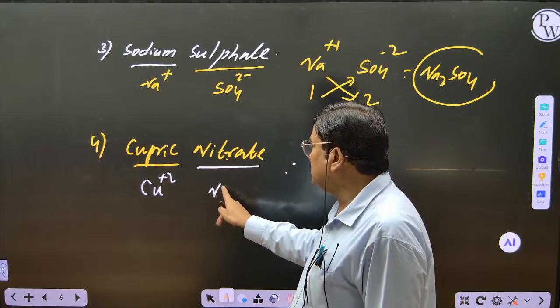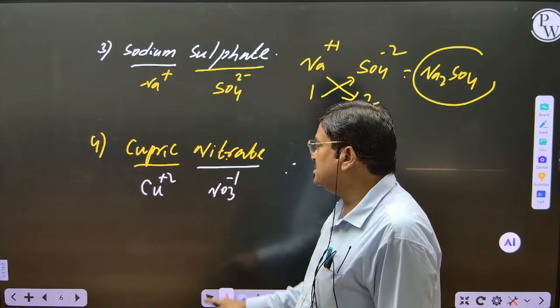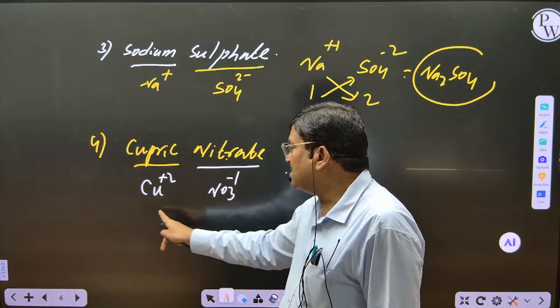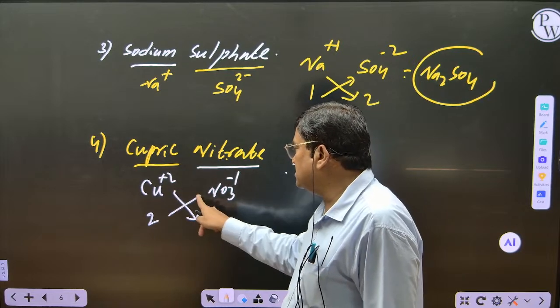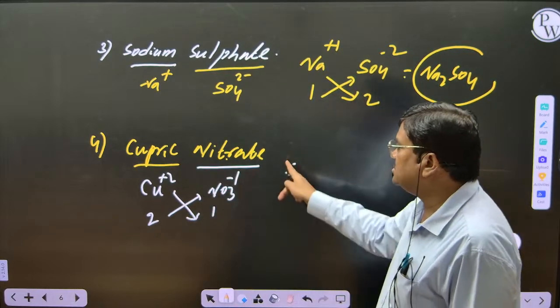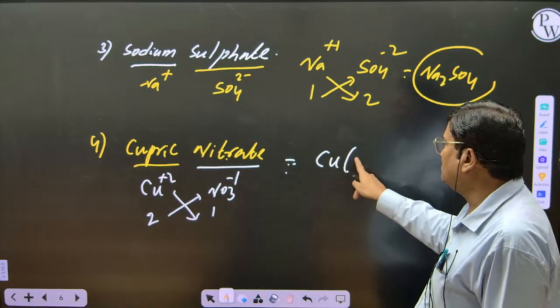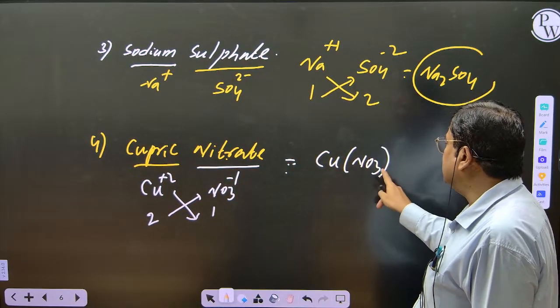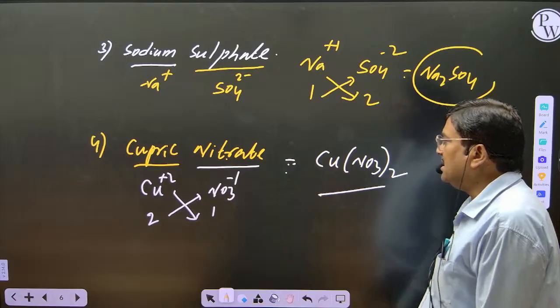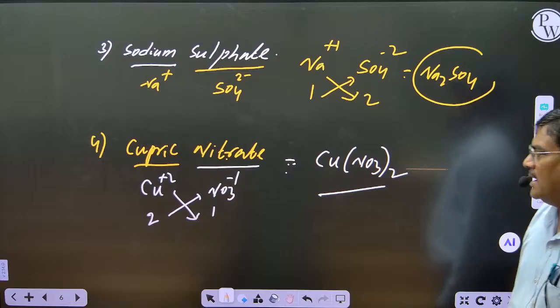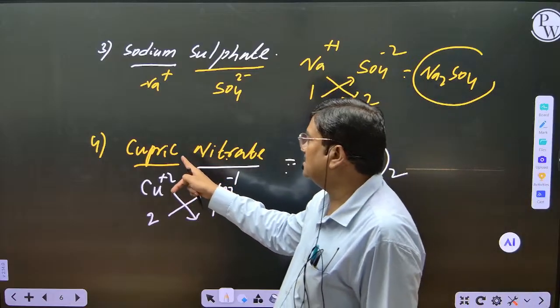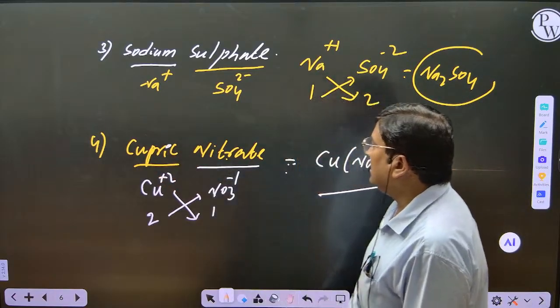This is NO3 minus. So this valence is 2, this valence is 1. Crisscross their valency, student. This valency goes to this one, this goes to this. So then what will be the formula? Cu(NO3) taken twice, Cu(NO3)2. This is called cupric nitrate. Understood? Higher is Ic, lower is Ous. Cupric nitrate.